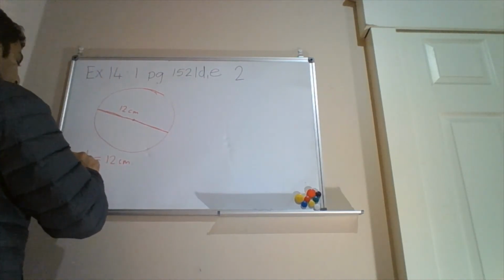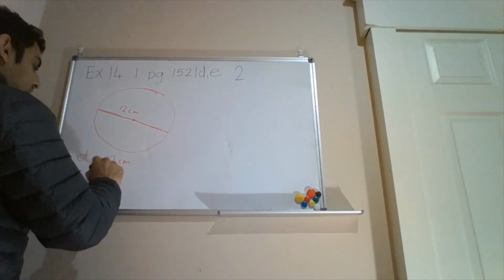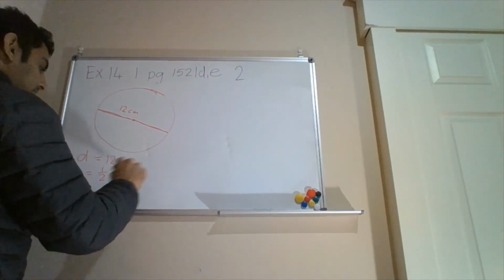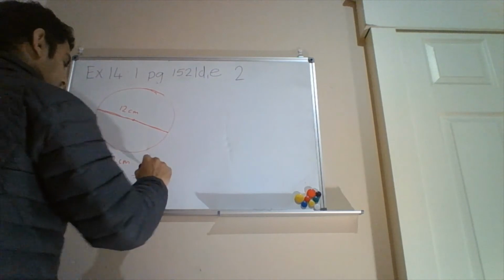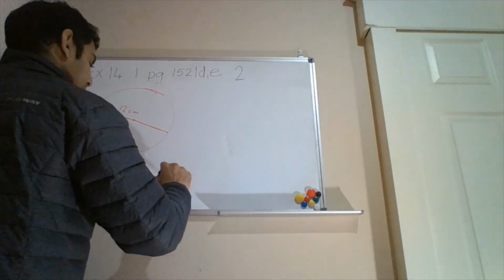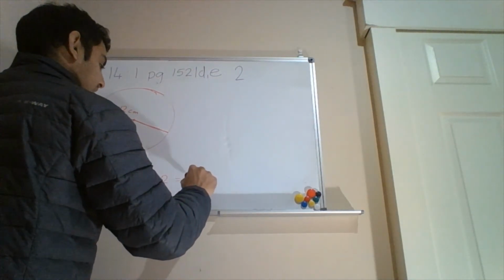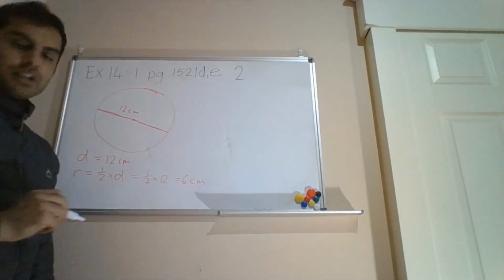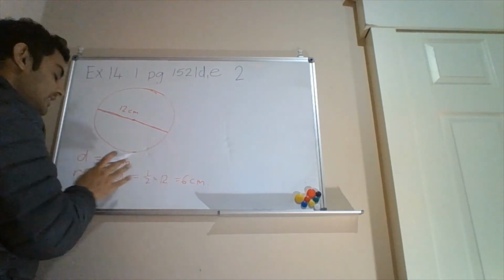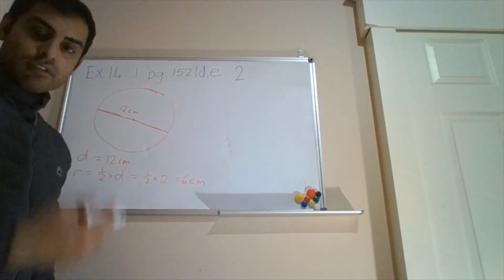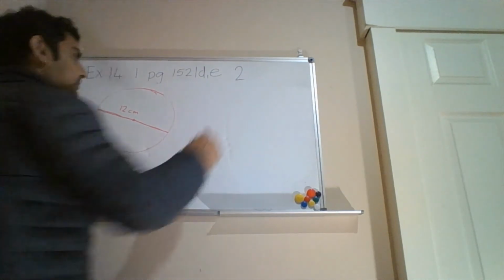So all we need to do to find the radius is halve the diameter. And we will get a half times 12, which is 6 centimeters. Okay, now we can use this radius value in all of our circle formulae.